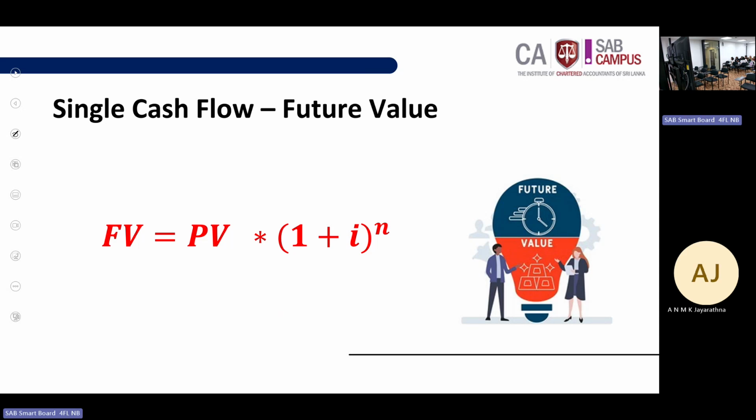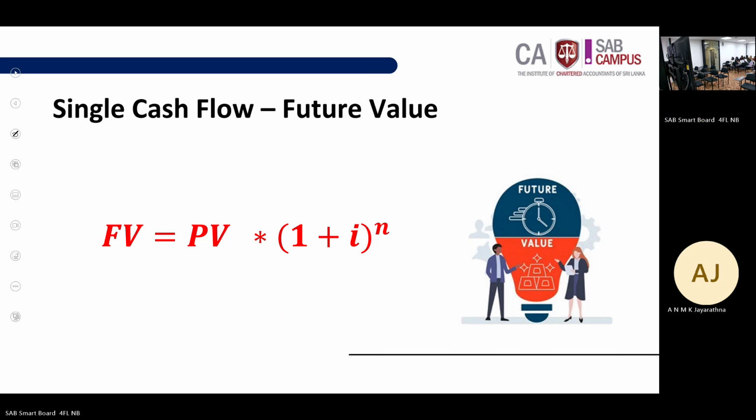But with annuities, what is the difference? The same or similar cash flow for a series of years. It might be 10, it might be 12, it might be 5, and likewise.